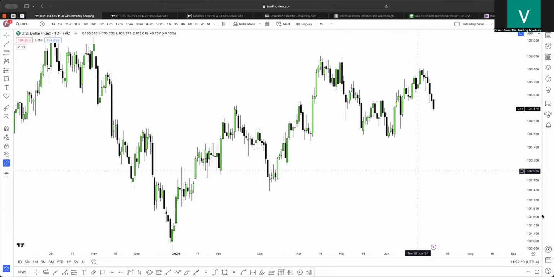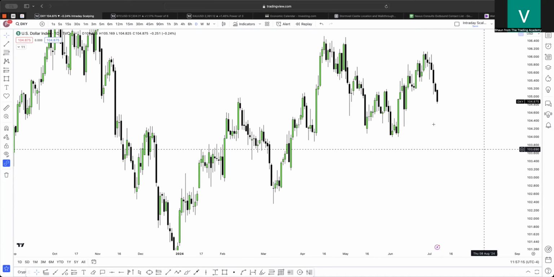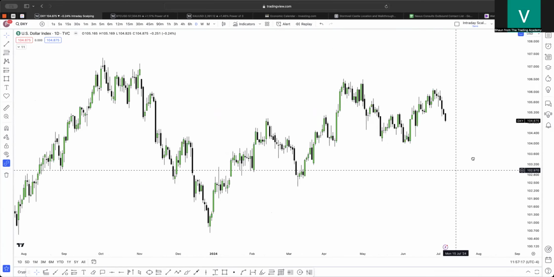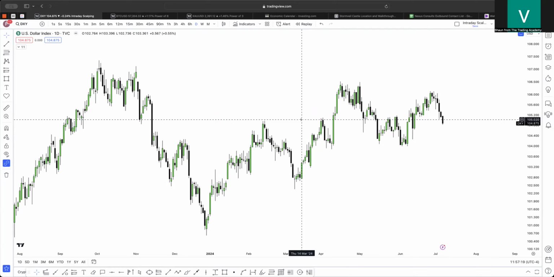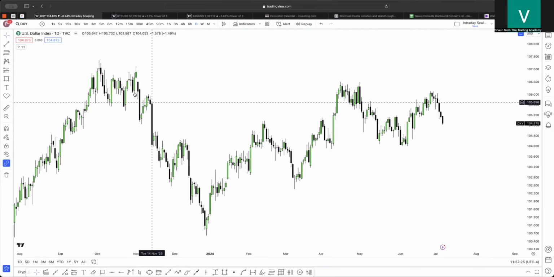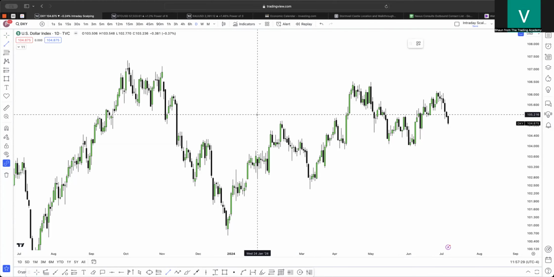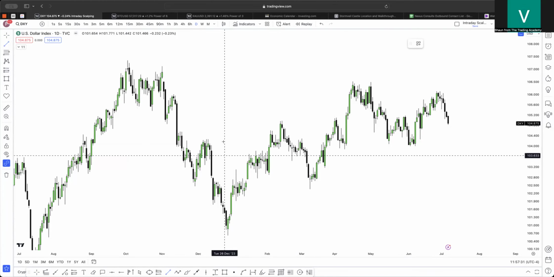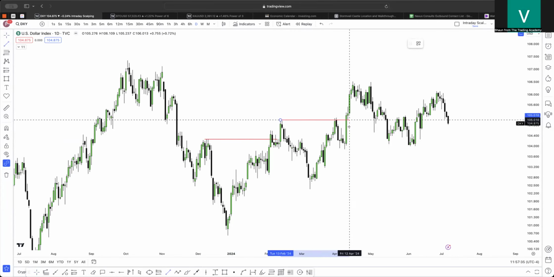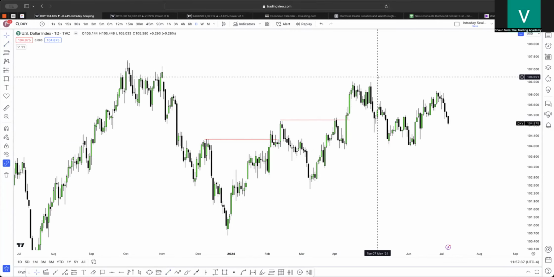Now over here, we can see where we are in terms of structure. Let's talk about structure first. We can see that price is breaking higher, here and here, and that's pretty much it.